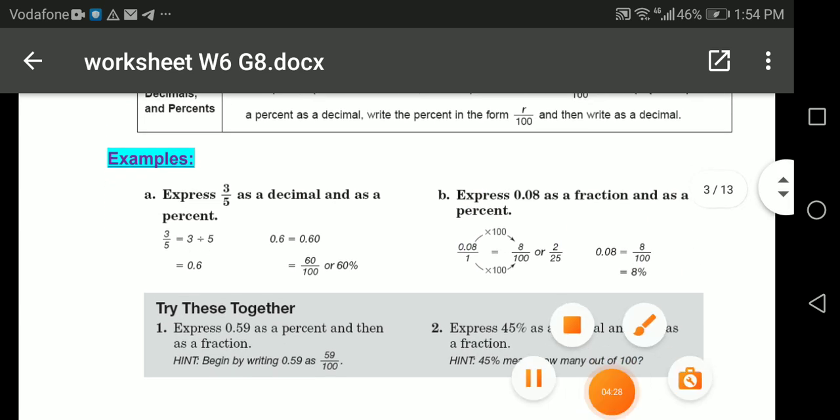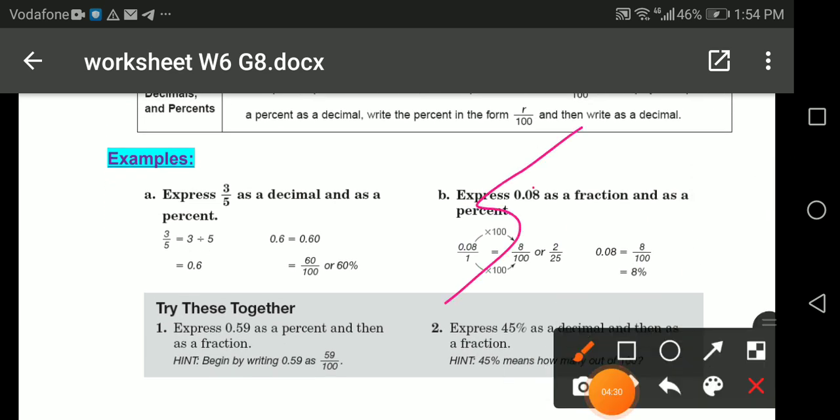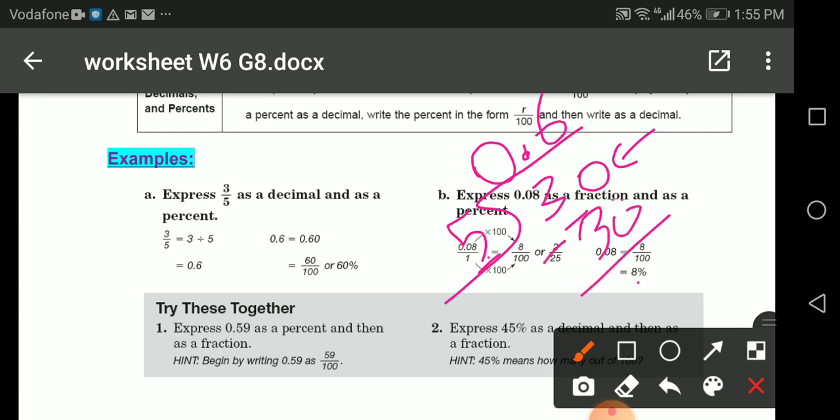Let's see together. 3 is less than 5, so it can't be done directly. I need a helper 0 here. So I add the decimal point. When you add the 0, you add the decimal point, right? 30 divided by 5 gives me 6. 6 times 5 equals 30 and then 0. So we got here a decimal which is 0.6.